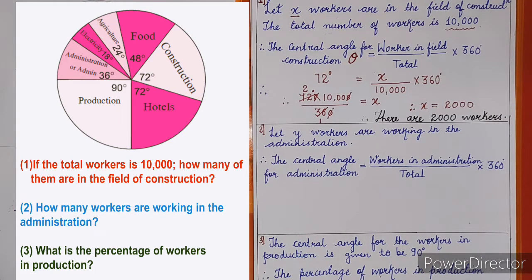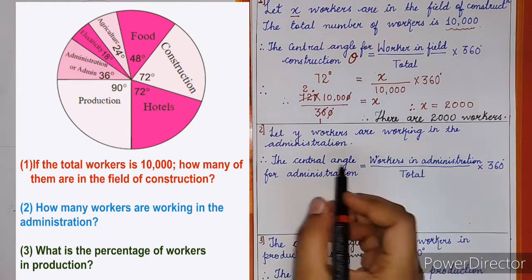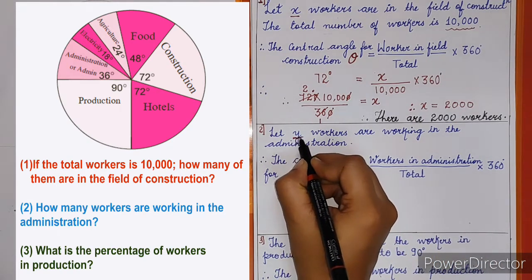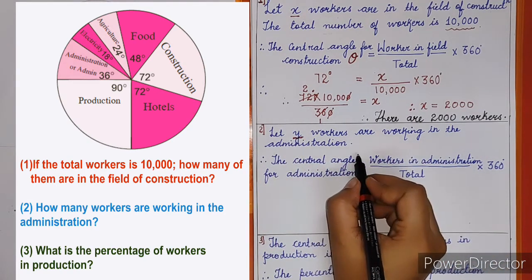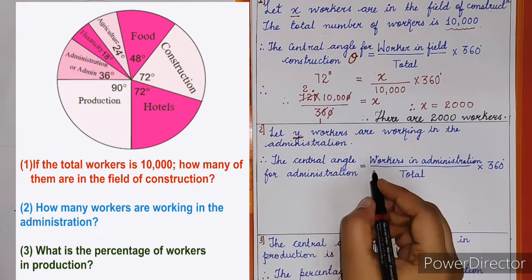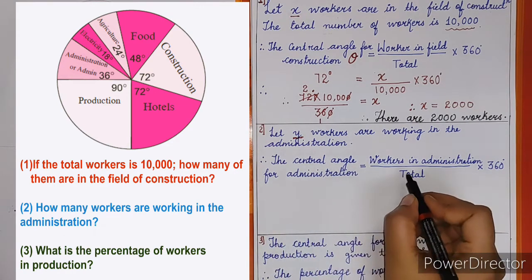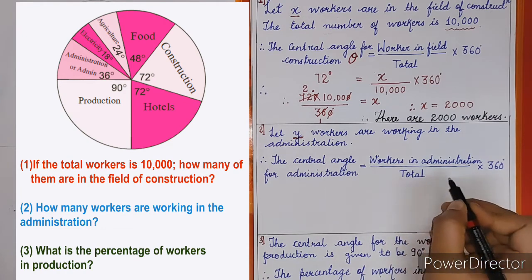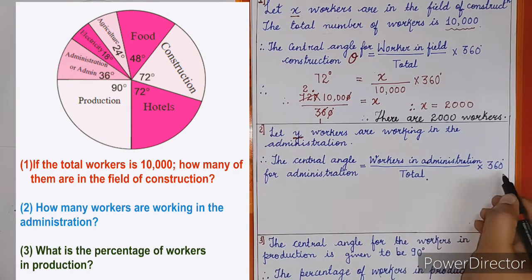Your question number 2, how many workers are working in administration? Your question is the same, just it is asking for the field of administration. So in the same way you will consider it. Let Y workers be working in the administration field. Therefore the central angle for administration is equal to workers in administration upon total number of workers, into 360 degrees.